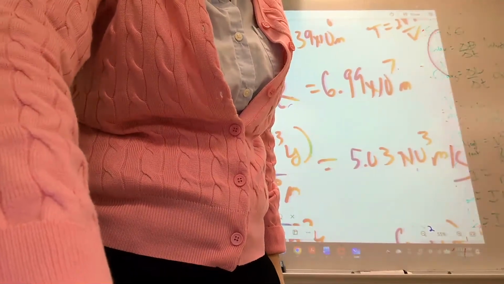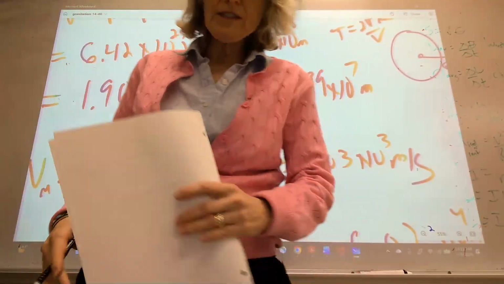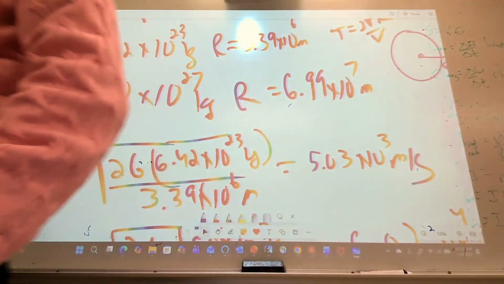You should get 5.03 times 10 to the 3rd meters per second, or just over 5,000.